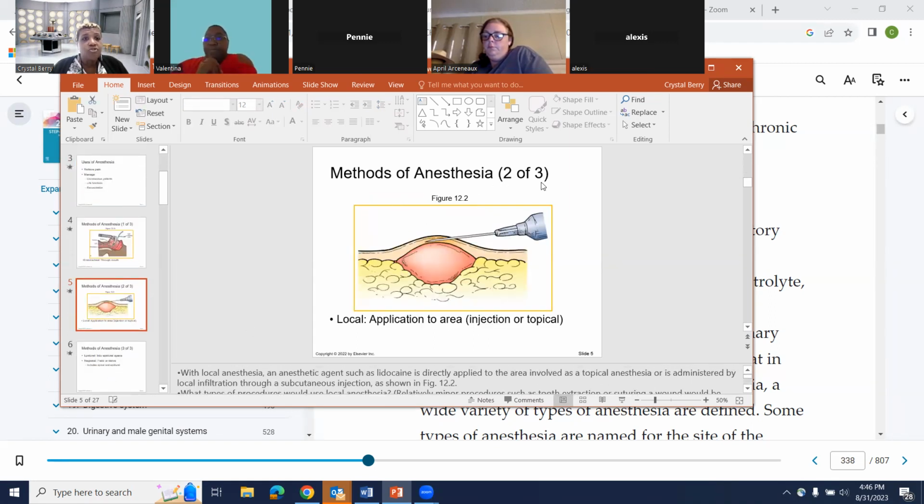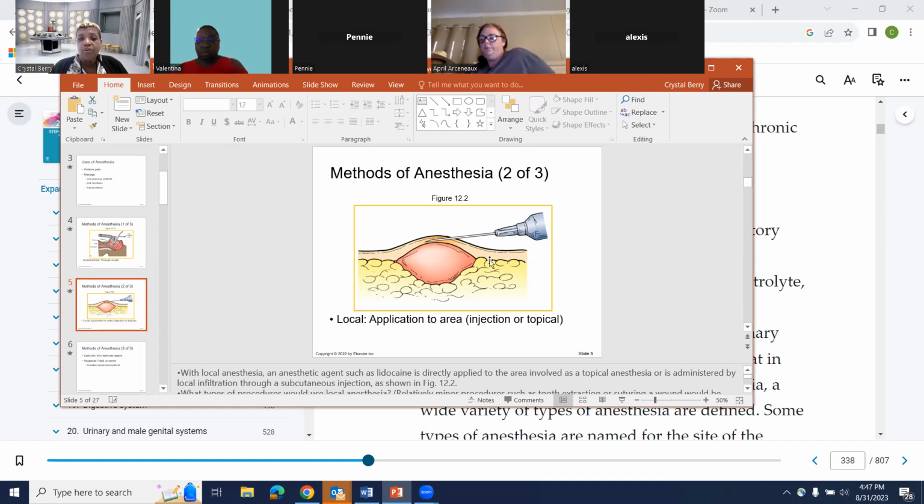Methods of anesthesia, 2 of 3. Local, application to area. Local is an injection or topical. With local anesthesia, an anesthetic agent such as lidocaine is directly applied to the area involved as a topical anesthesia, or is administered by local infiltration through a subcutaneous injection, as shown in figure 12.2.